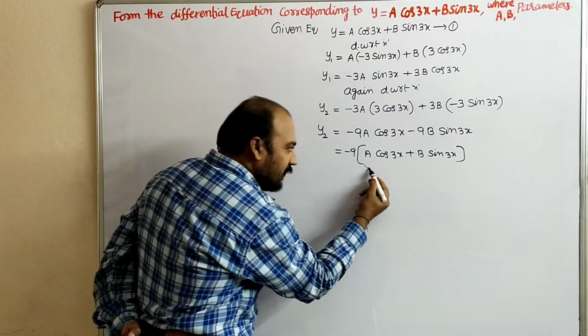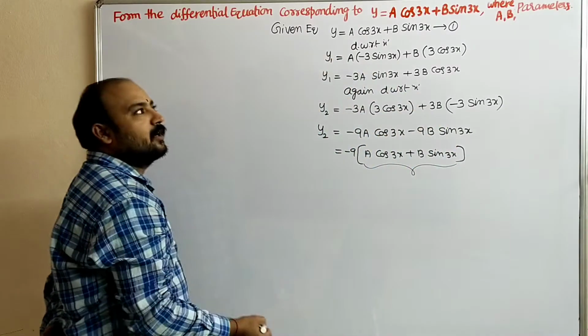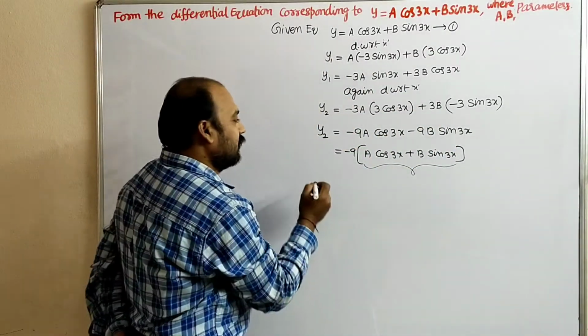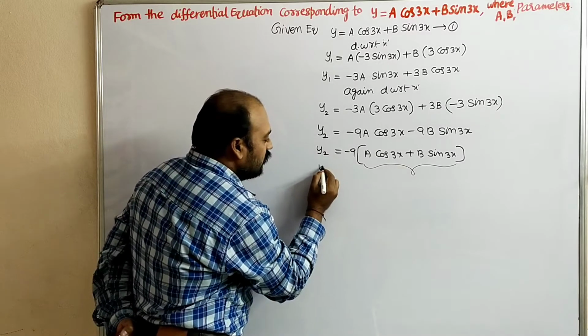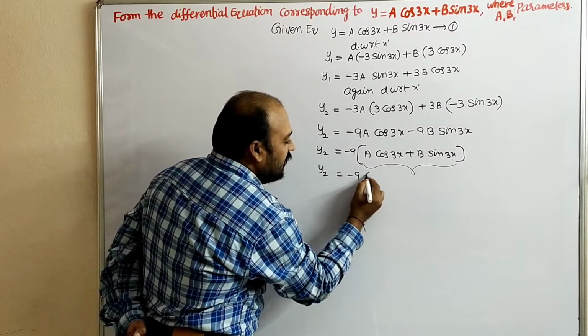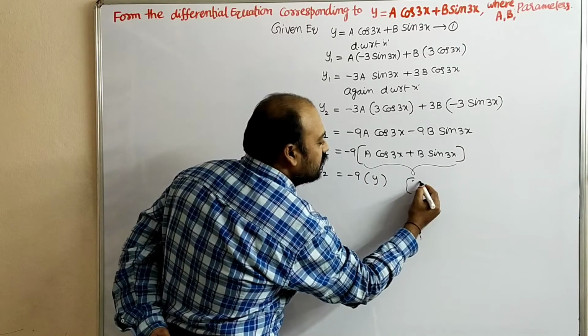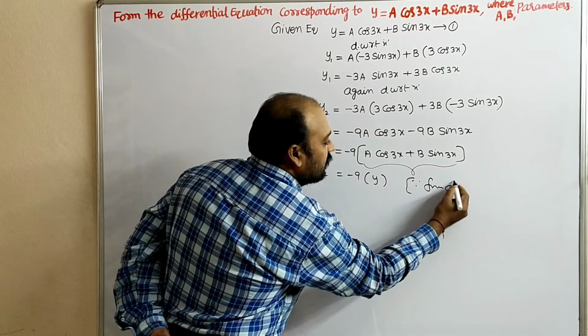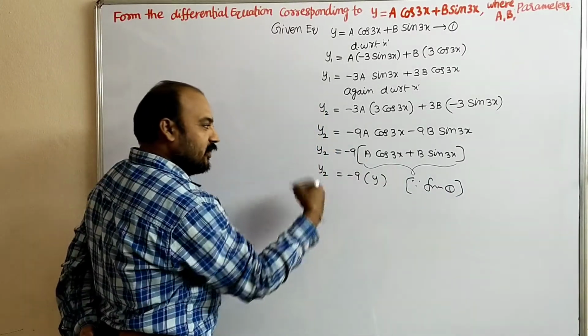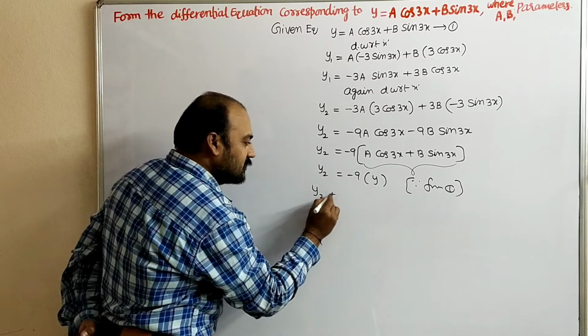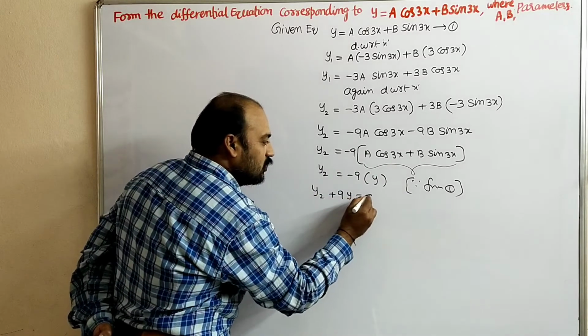If you observe this bracket value, it is equal to y, therefore y2 equal to minus 9 into y, since from equation 1. So minus 9y we can take this side, y2 plus 9y is equal to 0.